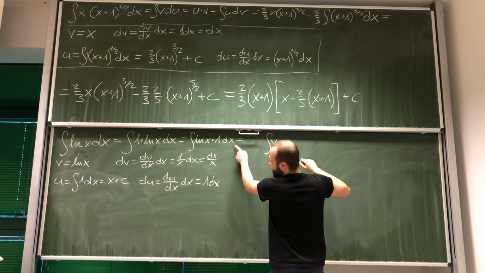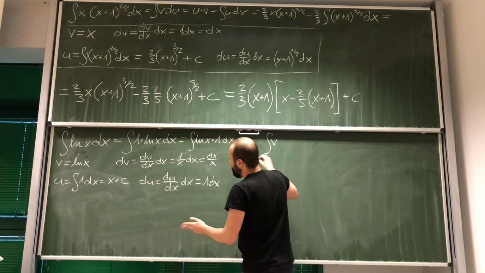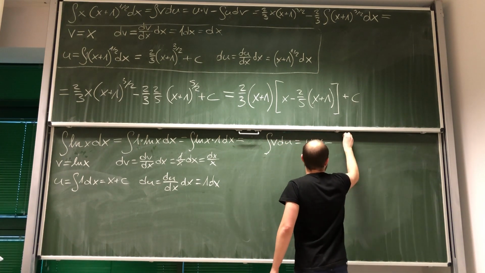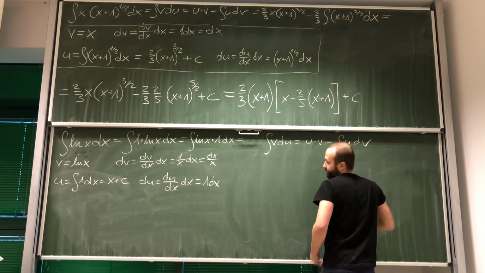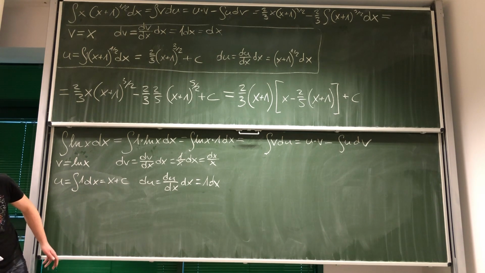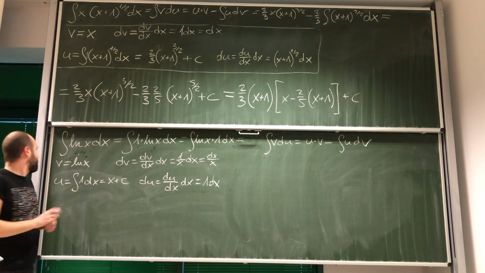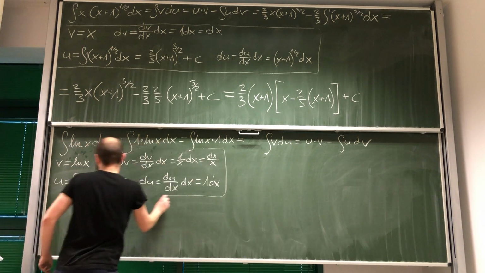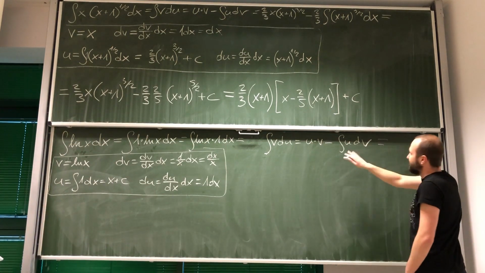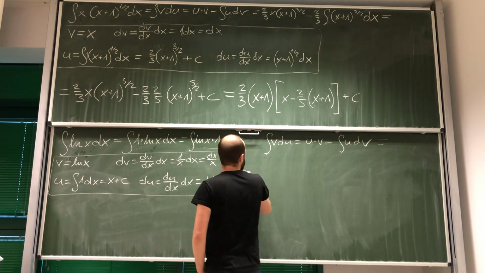Instead of 1 dx, or simply dx, I can write du, which is equal to u times v minus the integral of u dv. Okay, so now that we've dealt with this, we can start substituting things back.